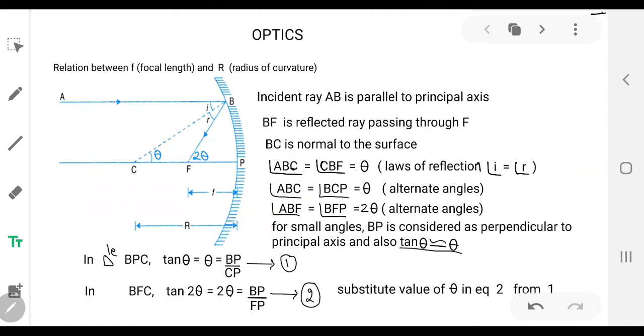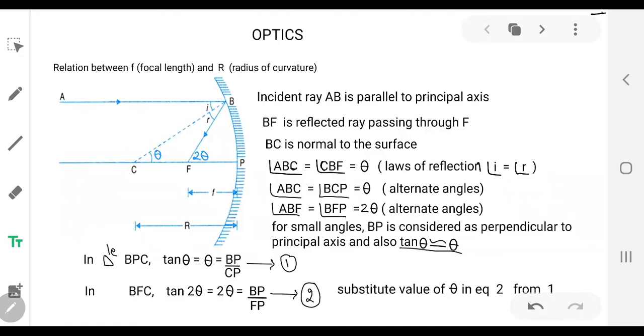While discussing the image formation diagram, I have mentioned that while drawing, you have to take the radius of curvature as well as the focal length.